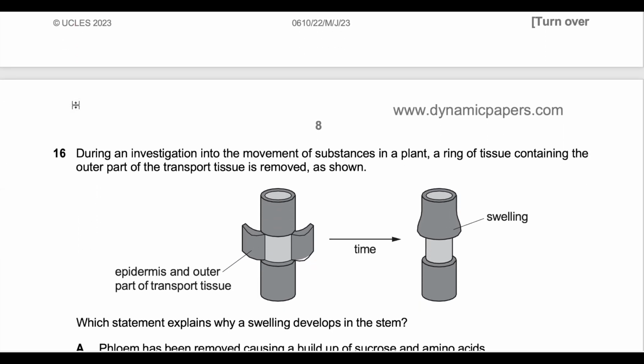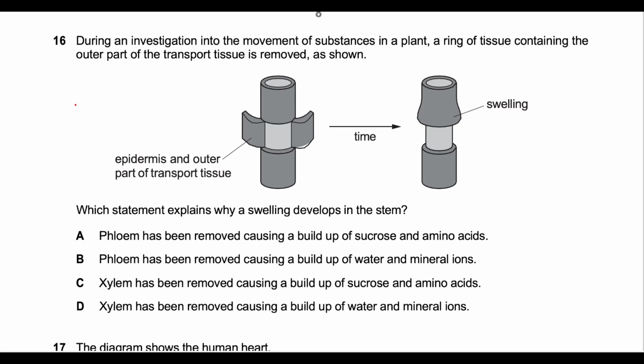Let's answer question 16. During an investigation into the movement of substances in a plant, a ring of tissue containing the outer part of the transport tissue is removed as shown. Okay, the transport tissue, they are talking about xylem and phloem, and the outer part, mostly it's the phloem, not the xylem, because the xylem location is the inner side.